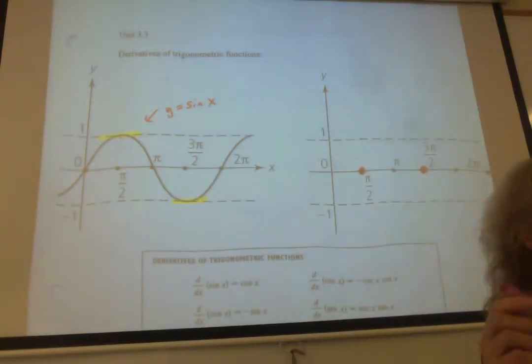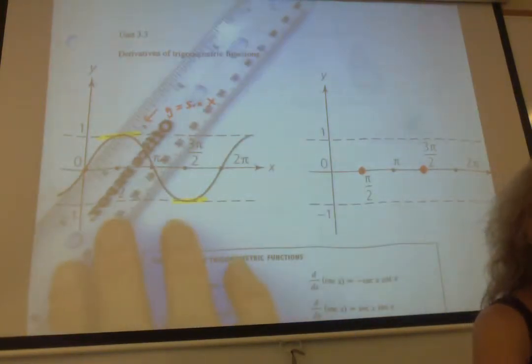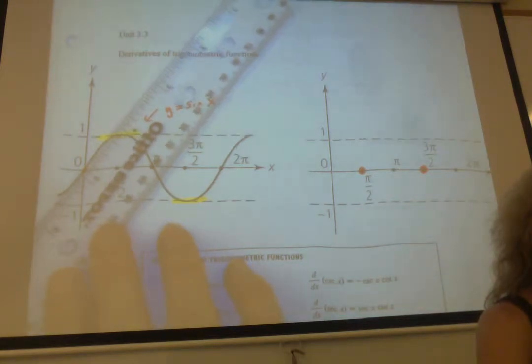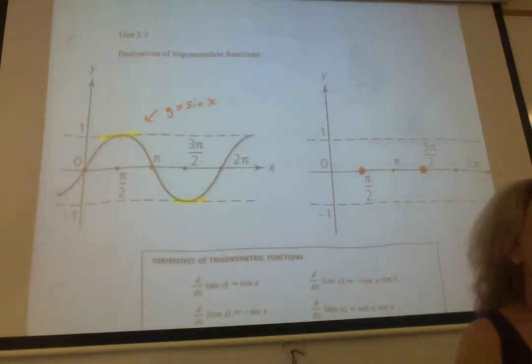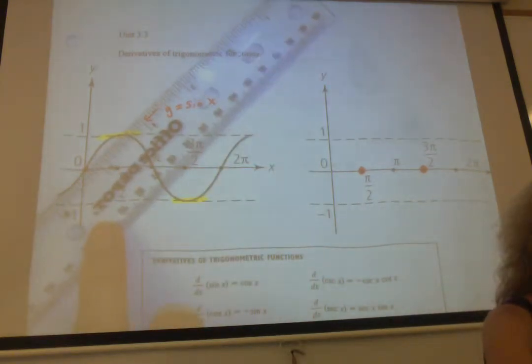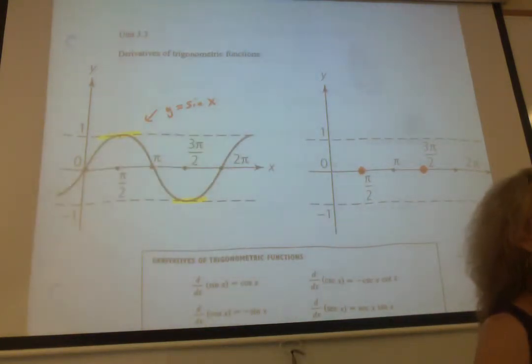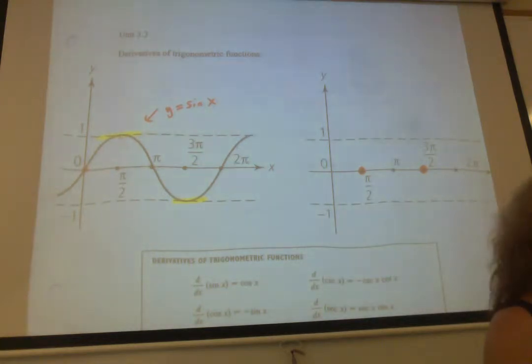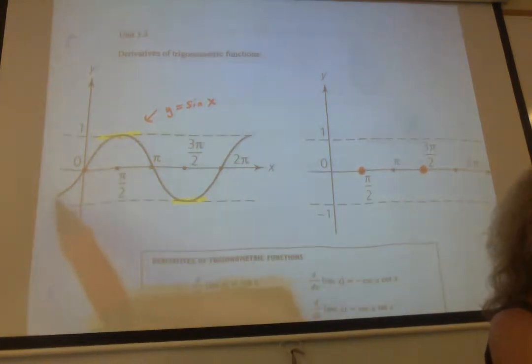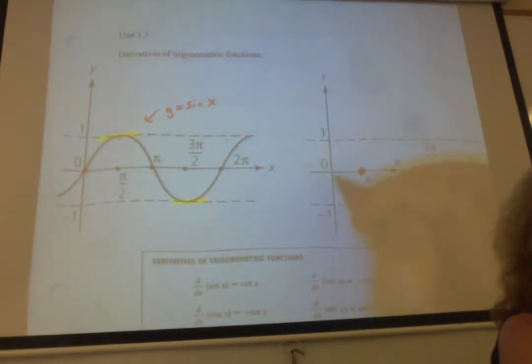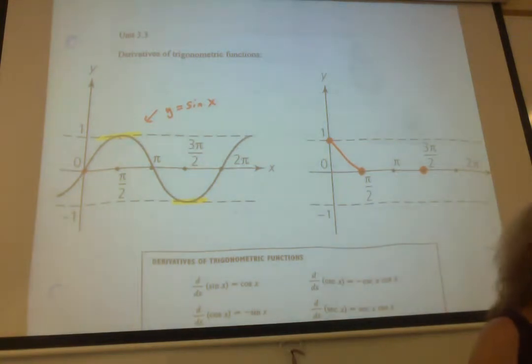If I were to draw the tangent line right at this point, it's looking like it has a slope of 1, and that looks to be the steepest it's going to be. So at 0 it's got a slope of 1 and it's slowly going to 0.